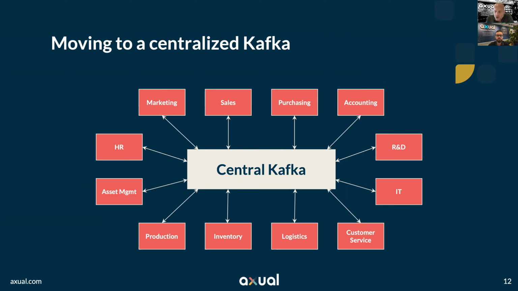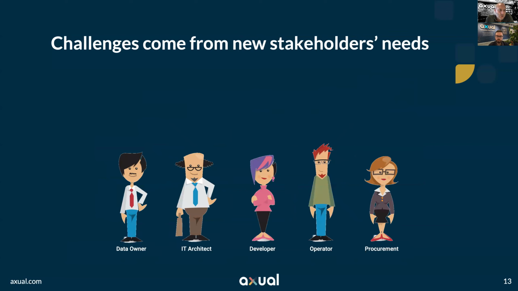This is very much doable with Kafka, and this is also something we see occur in practice quite a lot. But this also comes with its own challenges again, because as soon as you start to set up an architecture like this, you run into stakeholders in the organization that also want to have certain features implemented in a platform like this. Well, the typical personas that you run into are depicted here.